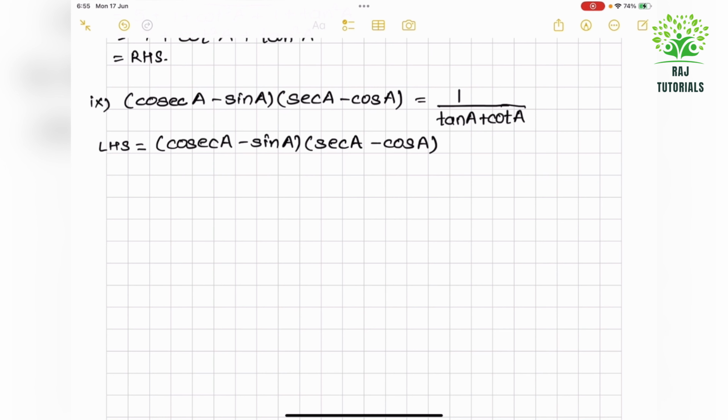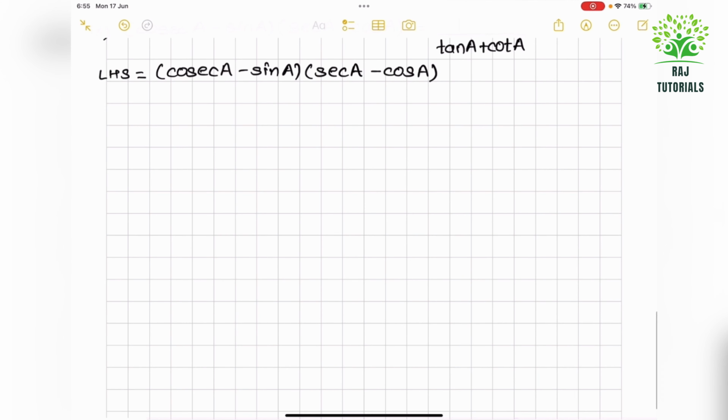Next: (cosec A minus sin A) into (sec A minus cos A) equal to 1 upon tan A plus cot A. So first I will take LHS and I will prove it into RHS.